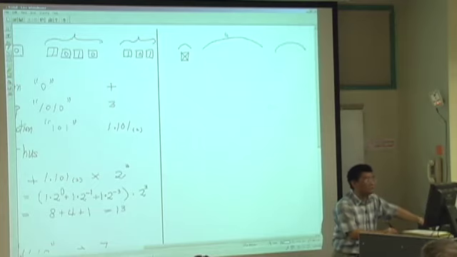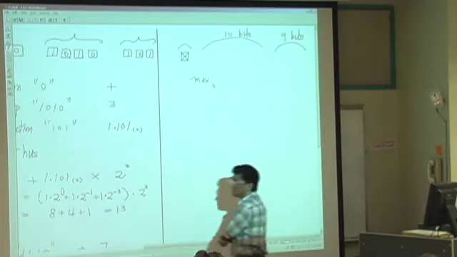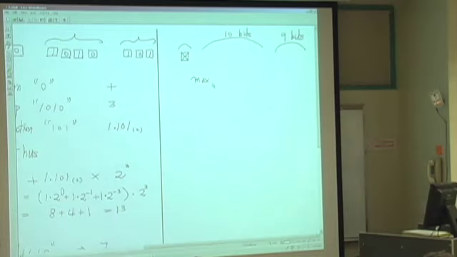Assume that you have 10 bits to represent the exponent, and then 9 bits to represent the fraction. Then what is the maximum number that we can represent? That is my question. In binary form, or if you want decimal form.